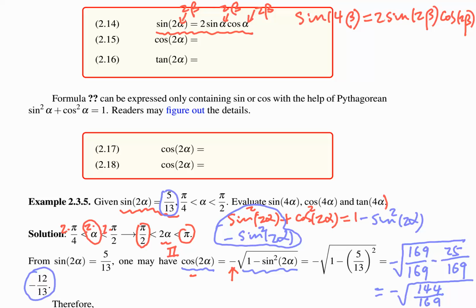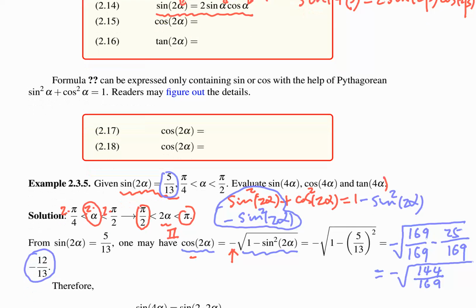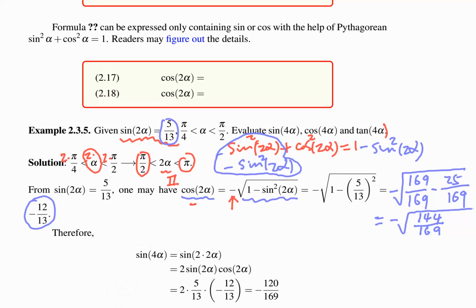So with this in our mind, we have sine 2 alpha, cosine 2 alpha. Then we should be able to find out sine 4 alpha. Sine 4 alpha is 2 times sine 2 alpha cosine 2 alpha. So then we can move over right here.